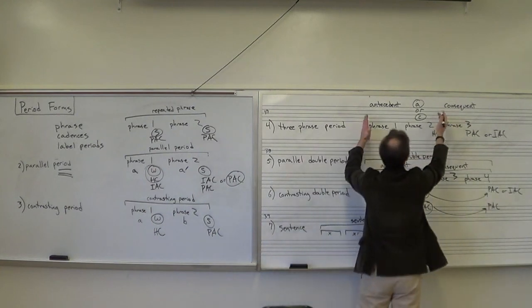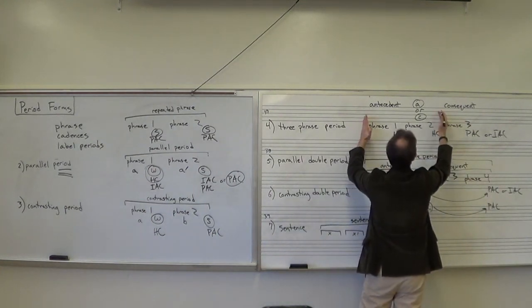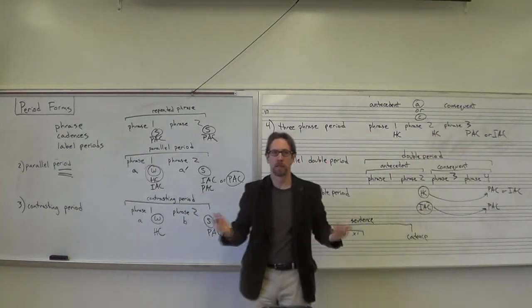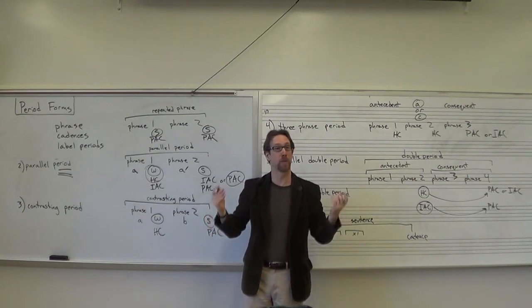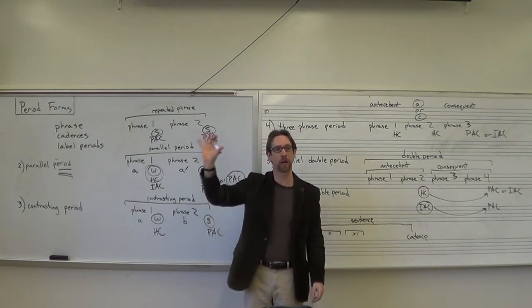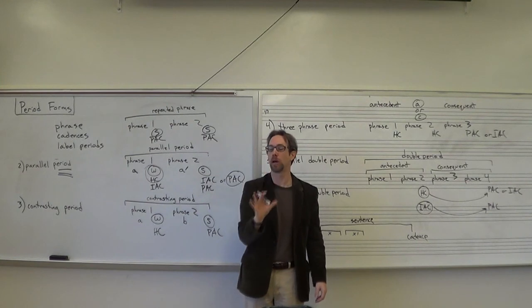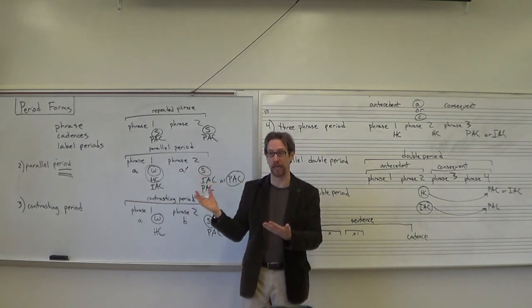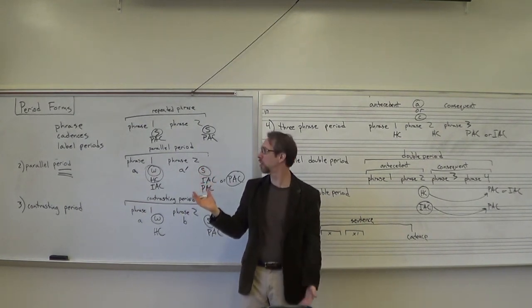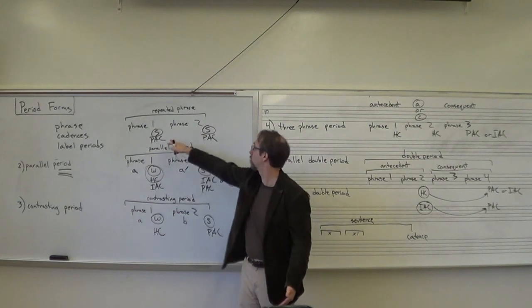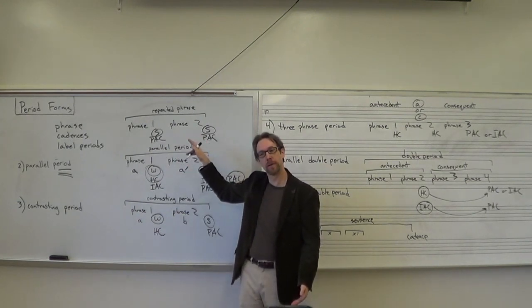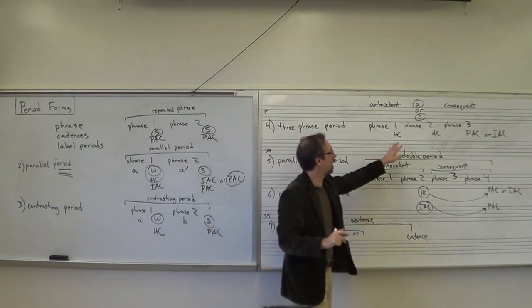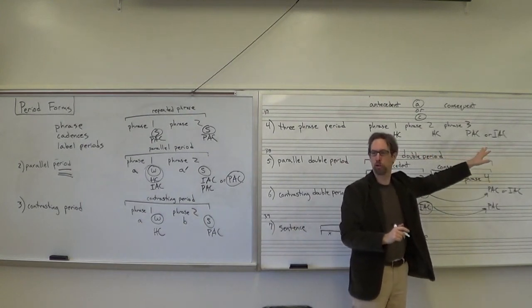If we just looked at this, phrase 1, half cadence, phrase 2, half cadence, we couldn't call that a period, because a period by definition has to have a weaker cadence followed by a stronger cadence. So you could say, well, 2 half cadences, maybe we're talking about a repeated phrase. But usually when we talk about repeated phrases, we're talking about strong. In this case, at some point, we're going to have something that's strong.